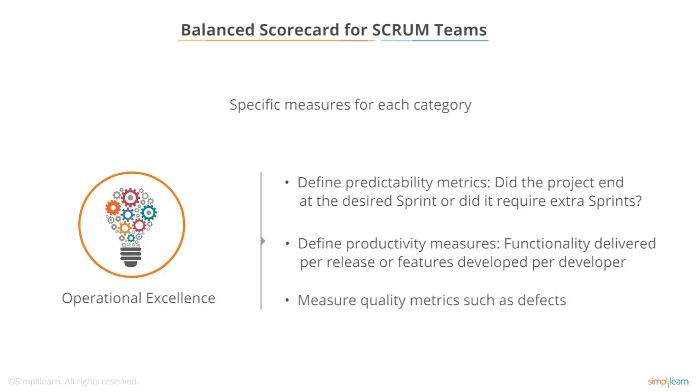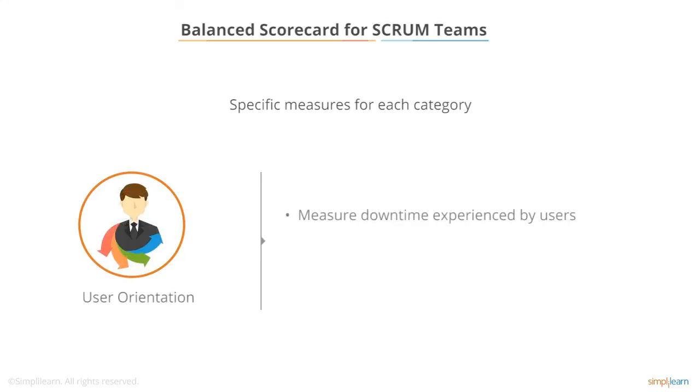We could measure quality metrics such as defects found in internal tests, continuous integration tests, or those detected by customers. For user orientation, we could measure the downtime experienced by users in the field. We could also find measures for user satisfaction through surveys or net promoter scores.